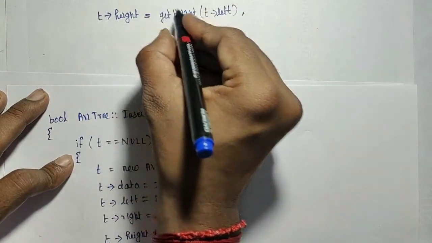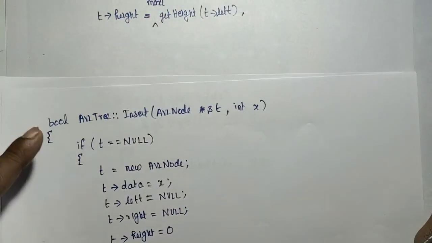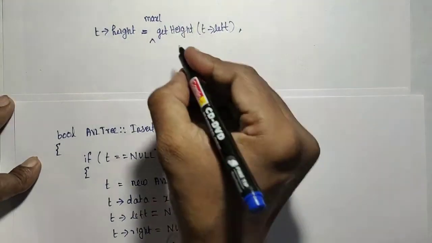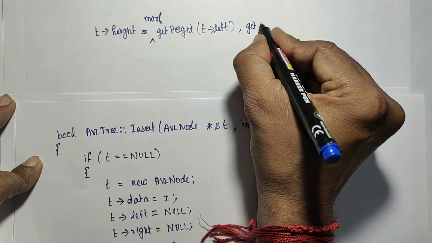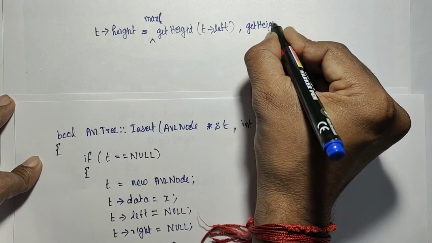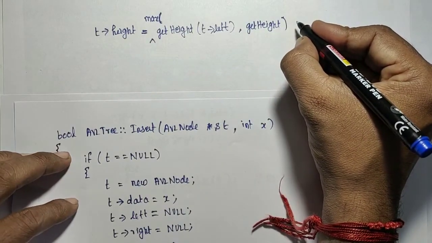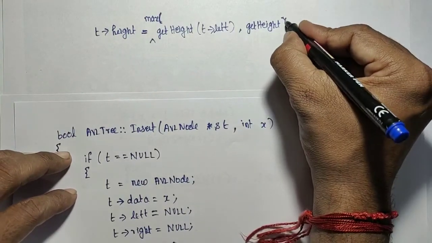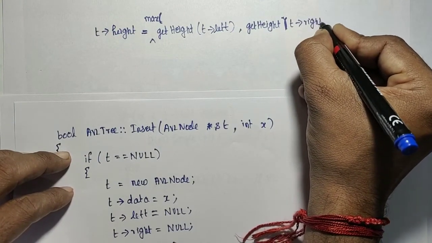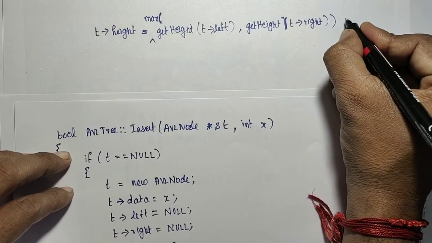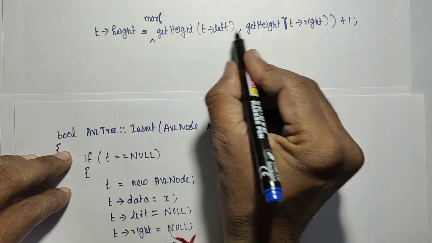So I need to call max between, so max of height comma get height of T of right, and plus 1. So whichever is the maximum between the left height and right height.